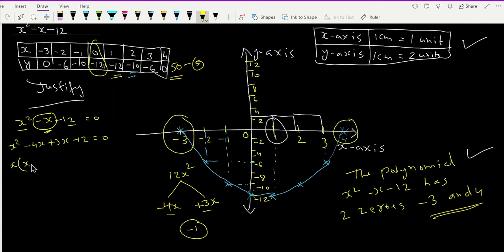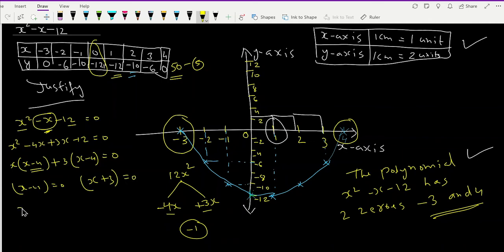So I will write x minus 4, and I will simply copy this one, x minus 4, is equal to 0. Here plus is there, so I will take 3 here. So the zeros are x minus 4 is equal to 0 and x plus 3 is equal to 0.